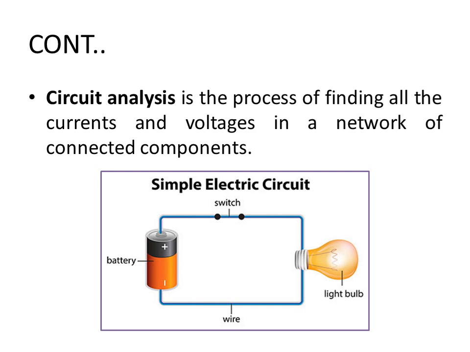Source and load are connected together. If we find the current flowing through the wire, or how much current is flowing through the bulb, how much current is coming from the source, that is nothing but analysis. That means we are finding one response. That is what is called basic circuit analysis.